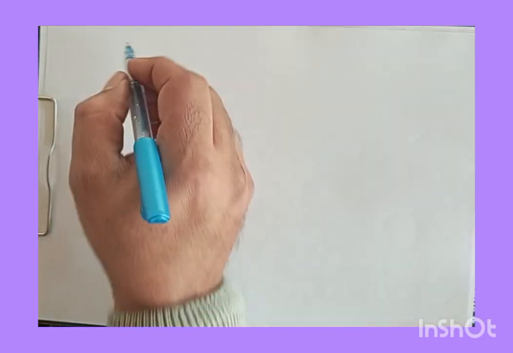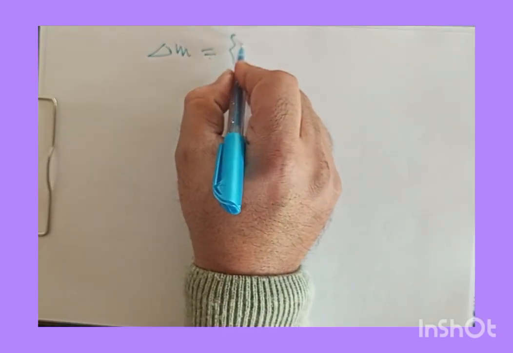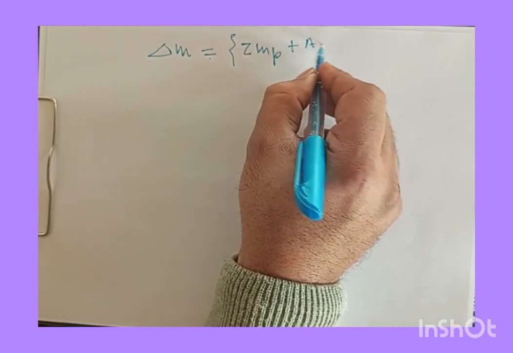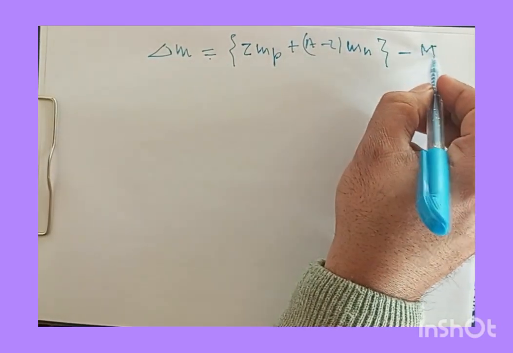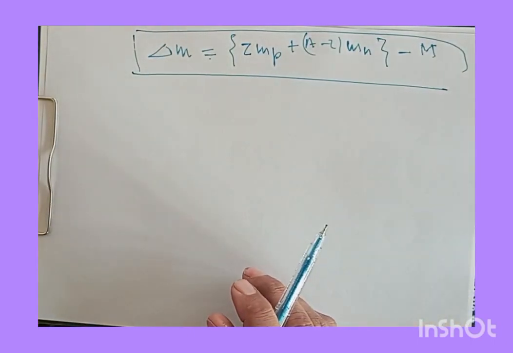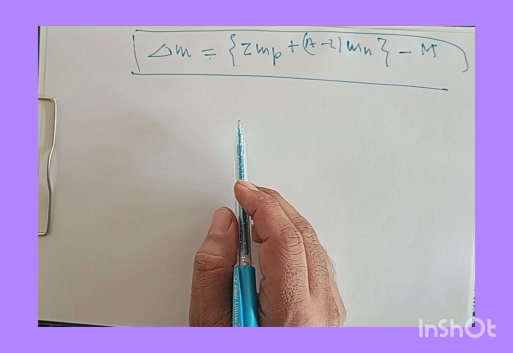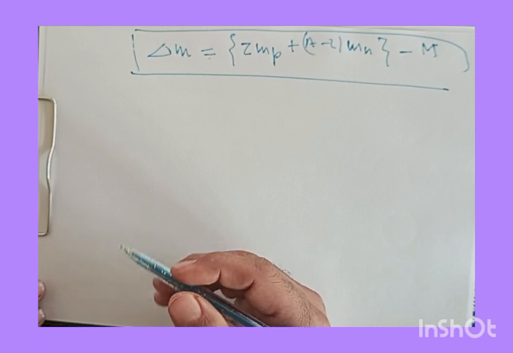So here I will have delta m, the mass defect, which is simply Z times the mass of protons plus A minus Z times the mass of neutrons, minus the mass of the original nucleus. Now this mass defect can be measured in terms of atomic mass units, or it can be measured in terms of kilograms. So this equation is giving me the mass defect.